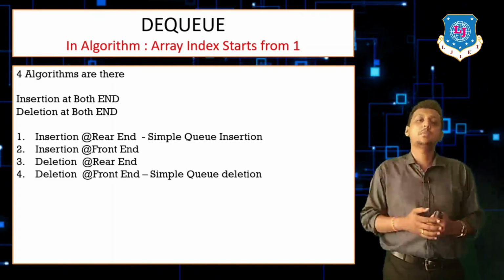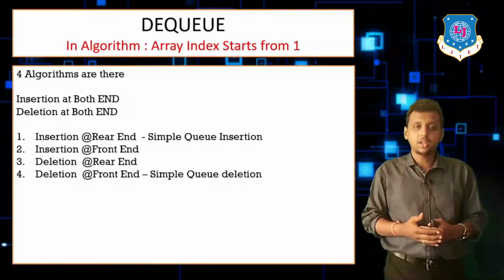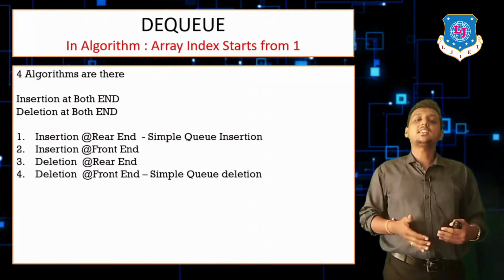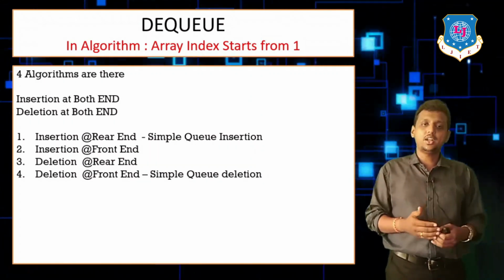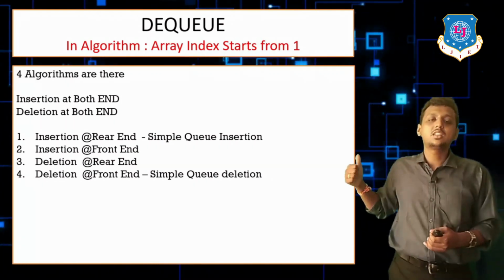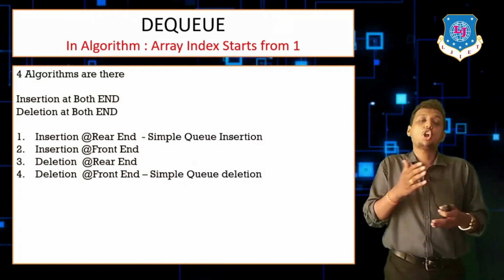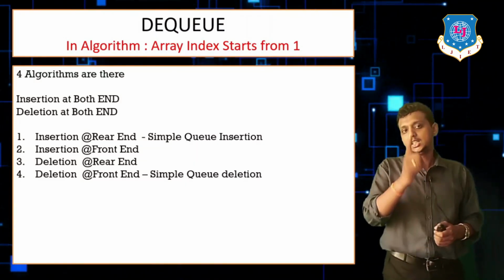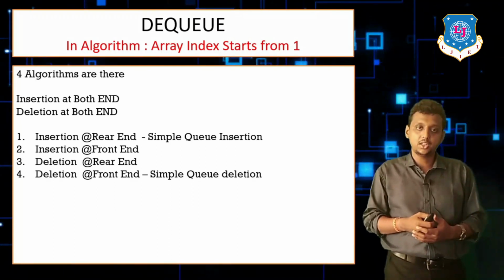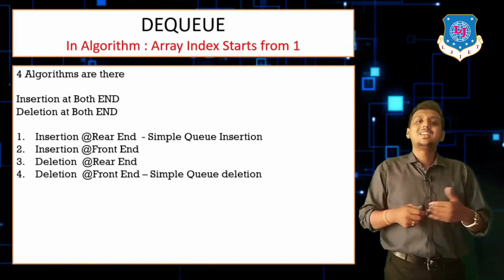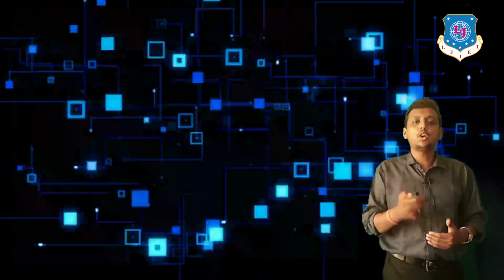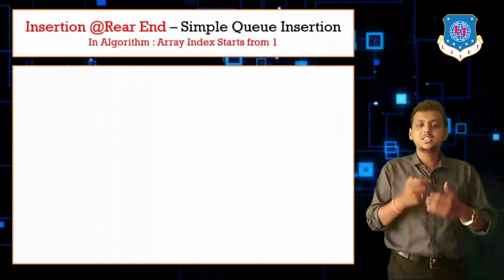The different algorithm is the insertion at front end. Similarly, deletion at front end is the same as deletion in a simple queue. But deletion at the rear end is definitely a little bit different. Fine.